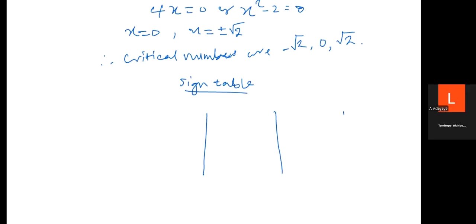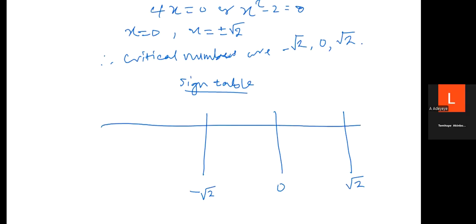Minus root 2, 0, root 2. To the right of root 2, you have them to be greater than it. To the left of root 2, you have less.